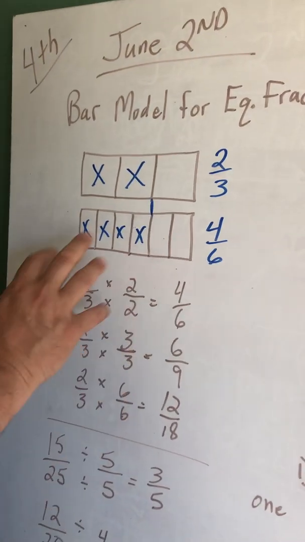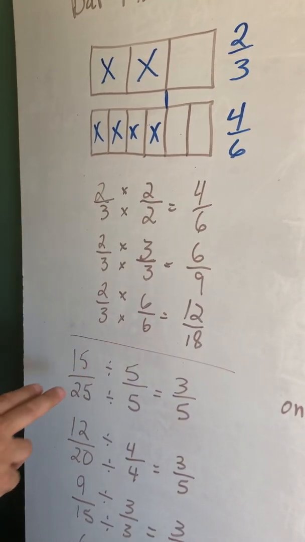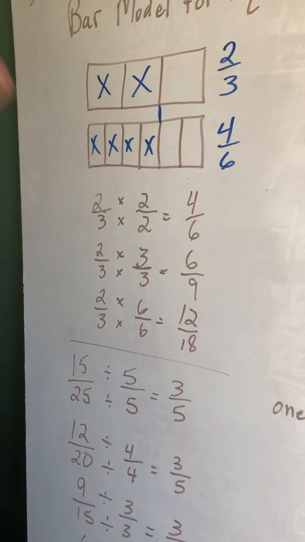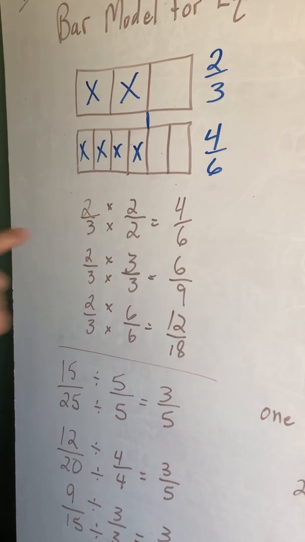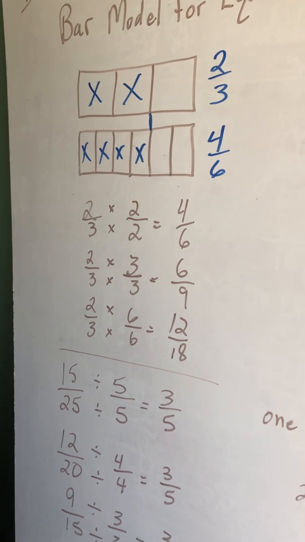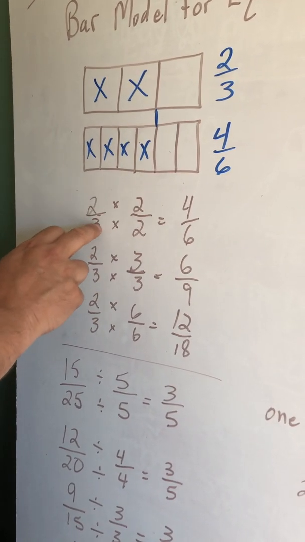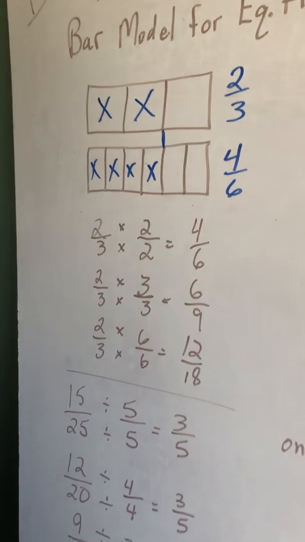And then they also wanted me to show you that when you're making an equivalent fraction, you can take the original fraction, 2/3, and multiply it by any number as long as you multiply the numerator and the denominator by the same number.